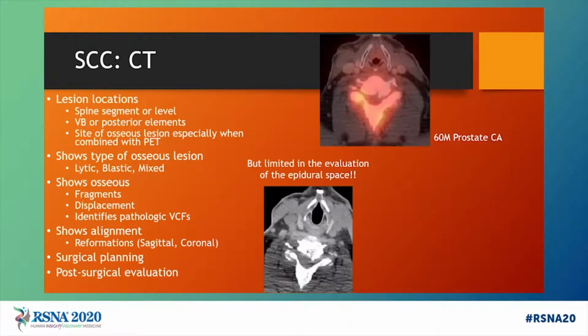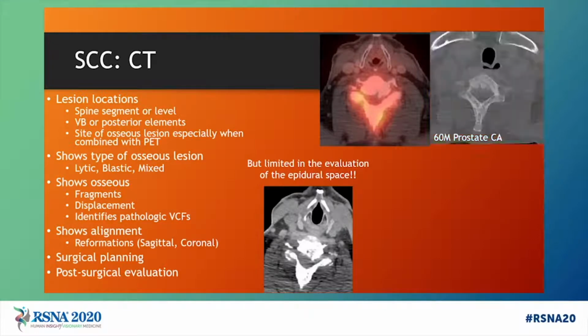And so, in addition to being helpful for imaging guidance, CT can show lesion locations, especially when combined with PET, as in this case we see a lower cervical metastatic lesion in this patient with prostate cancer. We can see the lesion matrix, in this case blastic for this patient.